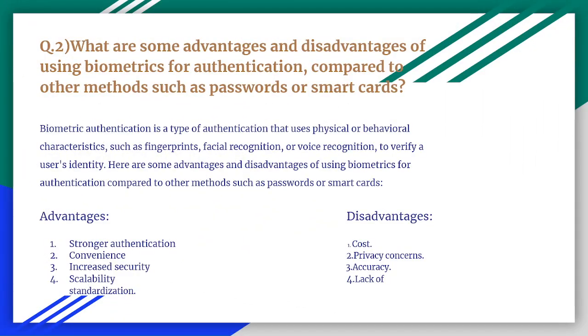Next, what are some advantages and disadvantages of using biometrics for authentication compared to other methods such as passwords or smart cards? Biometric authentication is a type of authentication that uses physical or behavioral characteristics such as fingerprints, facial recognition, or voice recognition to verify a user's identity. Here are some advantages and disadvantages.